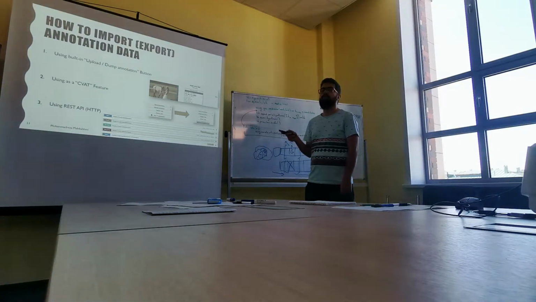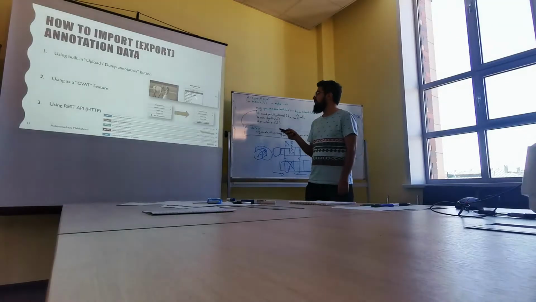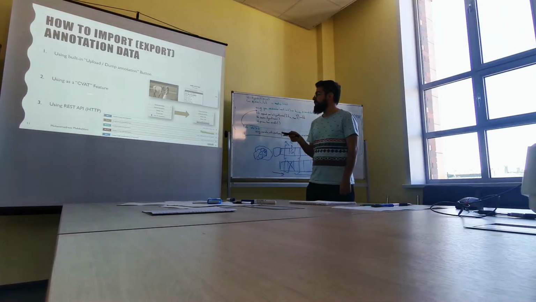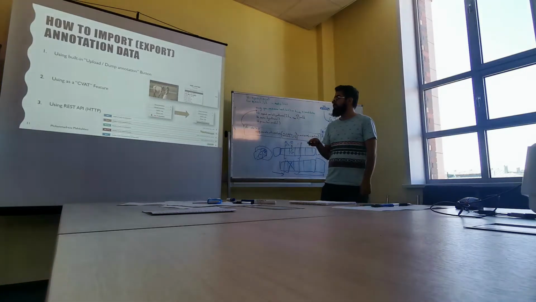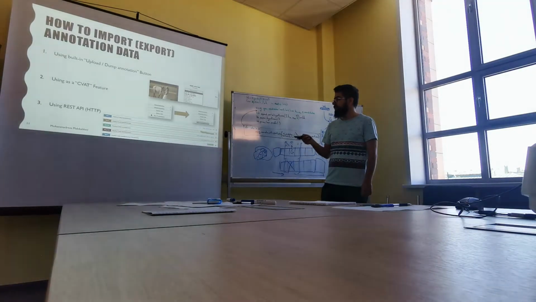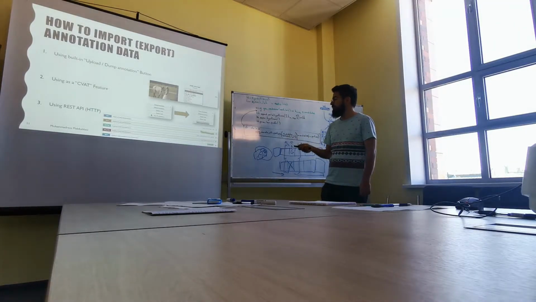In the new version of CVAT, they added some other formats like COCO, and we could implement a feature that we can use from our GUI inside CVAT, and it runs a process that ends, and we have our annotations there. And the third way is using the REST API, HTTP, and I will go through these three of them.